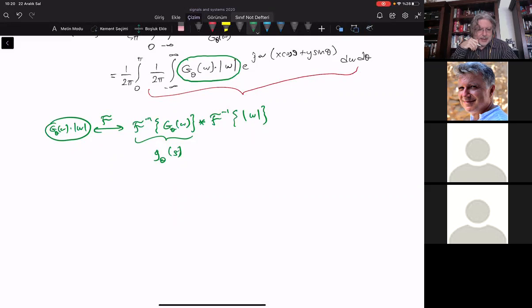So the absolute value of omega is somehow related to the derivative, but it's essentially something like this. It's like this thing is equal to j omega times minus j times signum, or sign, of omega.